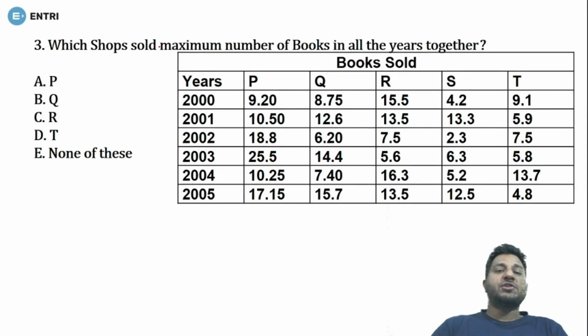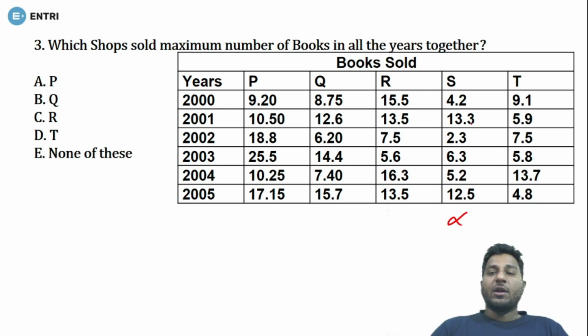Next is: which shop sold the maximum number of books in all the years together? So it is a difficult question and you have to solve it by collecting the data. Look at this. By looking at it, I will see that shop P will be the most. But what would you do? You will eliminate this. Why? Because it looks less.